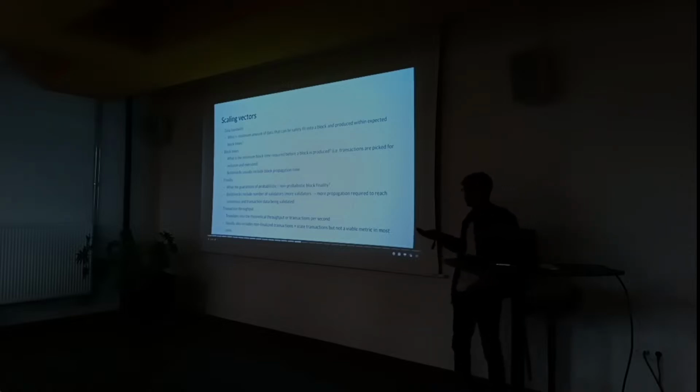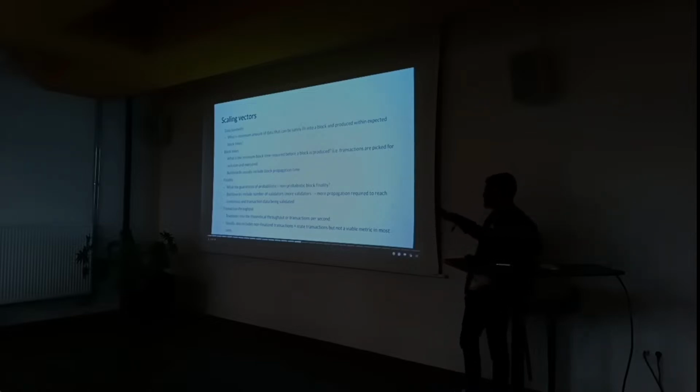Typically they also include state transactions, like consensus messaging on Solana, and they can include non-finalized transactions as well. Because we also talked about finality in the previous point, there is no guarantee that a particular transaction throughput figure includes finalized transactions. And so these are the different scaling vectors that you can seek to solve using modular blockchain.